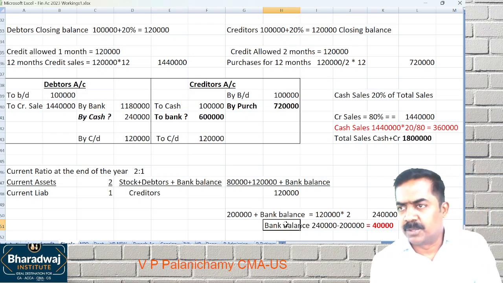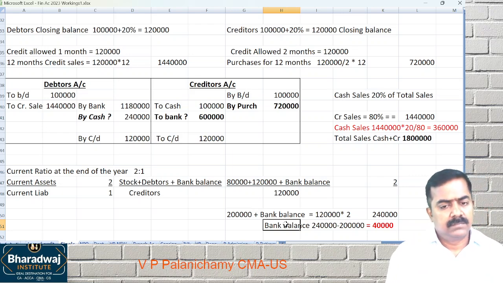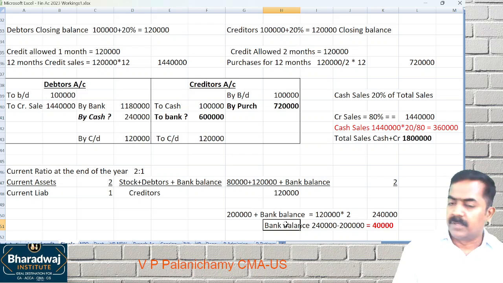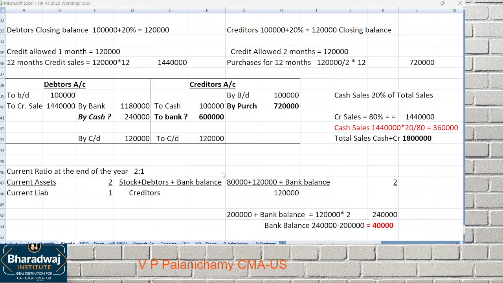Now prepare which account? Cash and bank account. Columnar format-ல prepare பண்ணுங்க. Try to prepare same like last question, separate columns, cash and bank account. Any doubt so far?